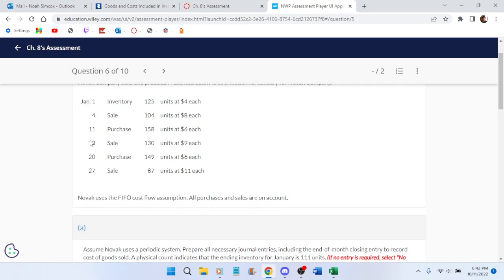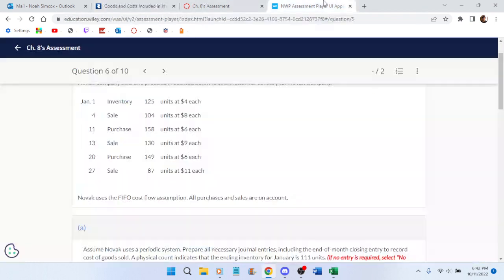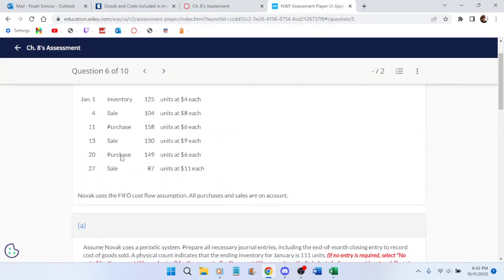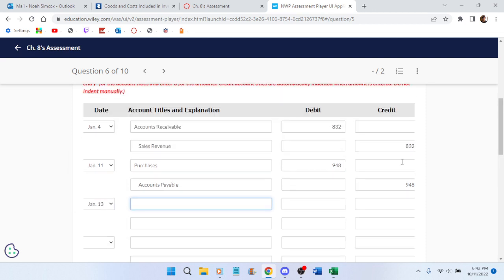On the 13th, it's another sale. And then you can make end of period adjustments. Since the 13th is a sale, just do the same thing as before.